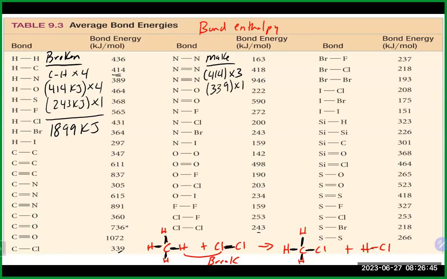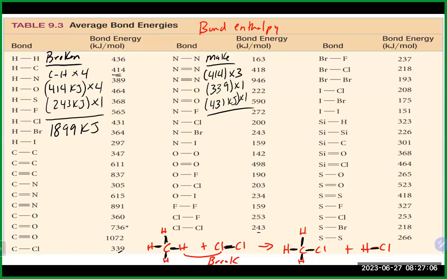And lastly, here we also made a hydrogen-chlorine bond, which looks like it's right there. Looks like 431 there, 431 kilojoules times 1. And that's all of our making.